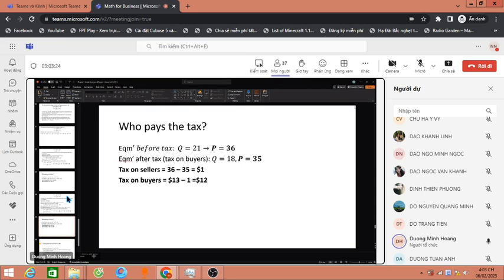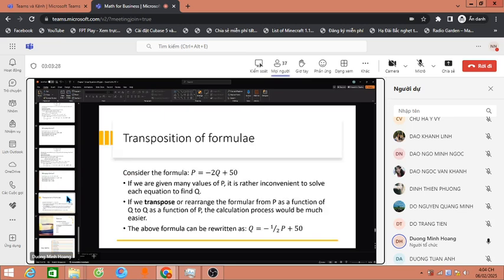Okay, so last content. Last thing, transposition of formula. So let's just simply rewrite. For example, we have P with respect to Q over here, which we can transpose to Q with respect to P over here.